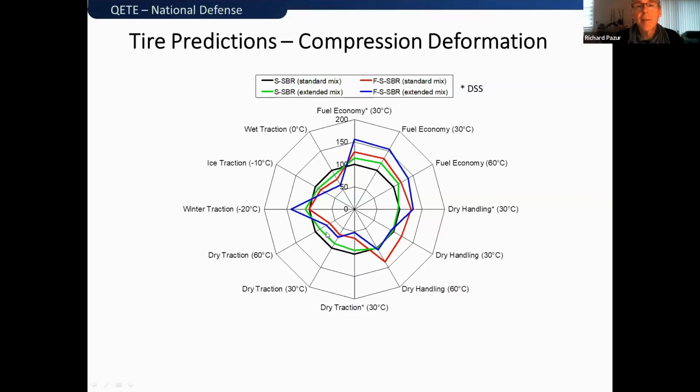We see a lot compared to the standard mix and the standard SBR. So we do see deviations here. So in a nutshell, I'm going to try to explain afterwards why we're seeing those deviations, but just food for thought, something to keep in mind if you are doing different deformation modes and testing with your DMA.